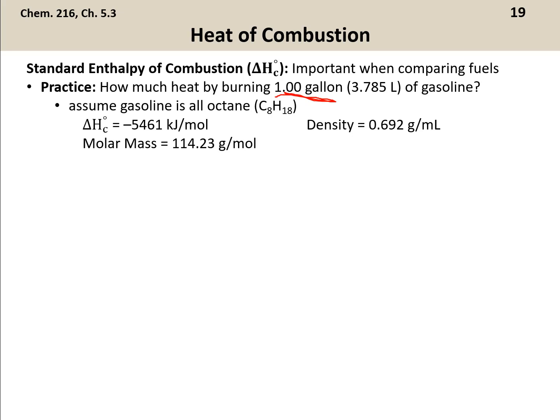So what we're going to do is use this delta HC that's provided for octane, which is what we're going to assume it is, and use this to figure out how much heat we get when we burn 1 gallon of gasoline.